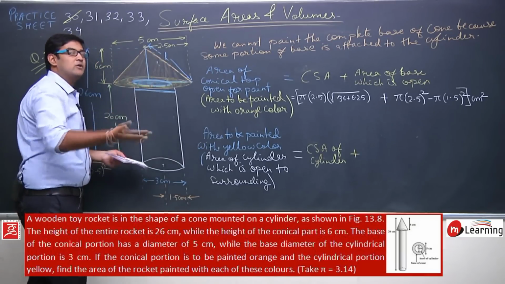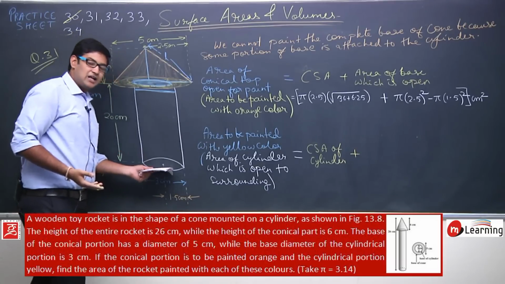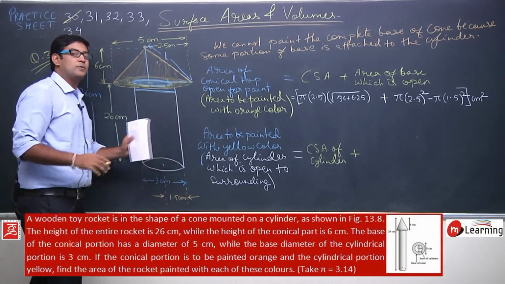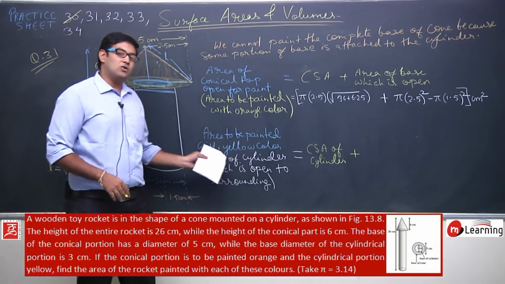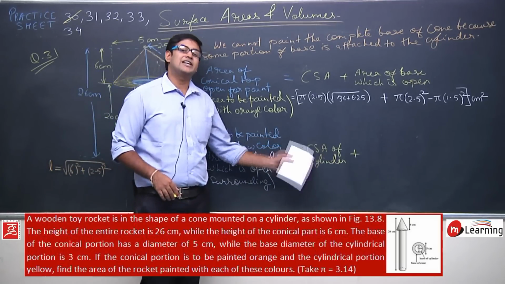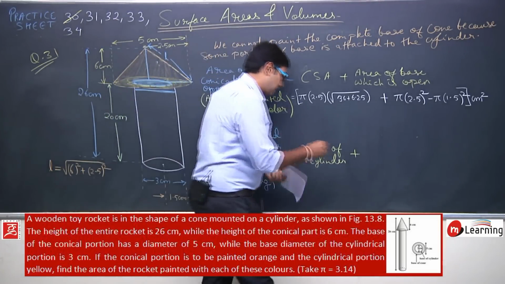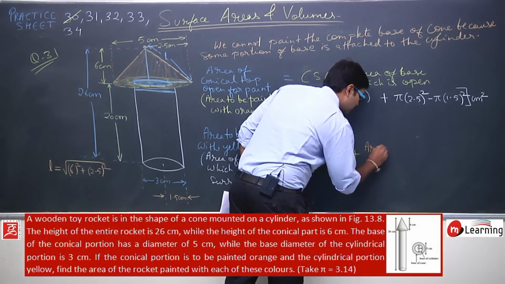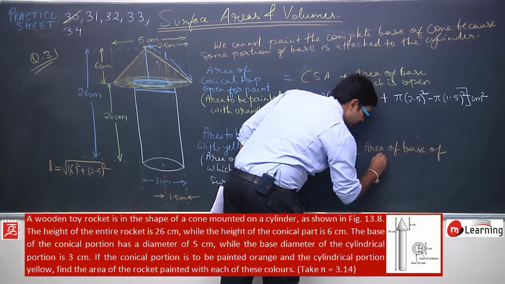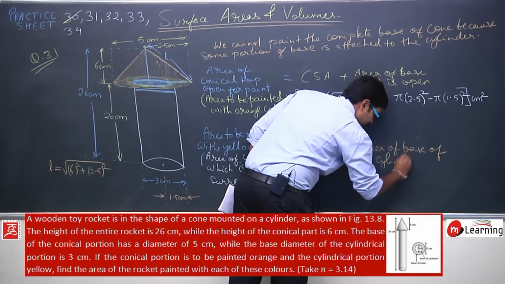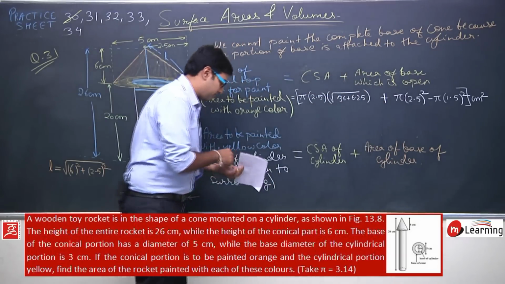Okay, it is not open to atmosphere. Only this base area plus this curved surface area is open to atmosphere. So area that needs to be painted yellow will include the curved surface area of cylinder plus area of base of cylinder. This much area is available for paint.